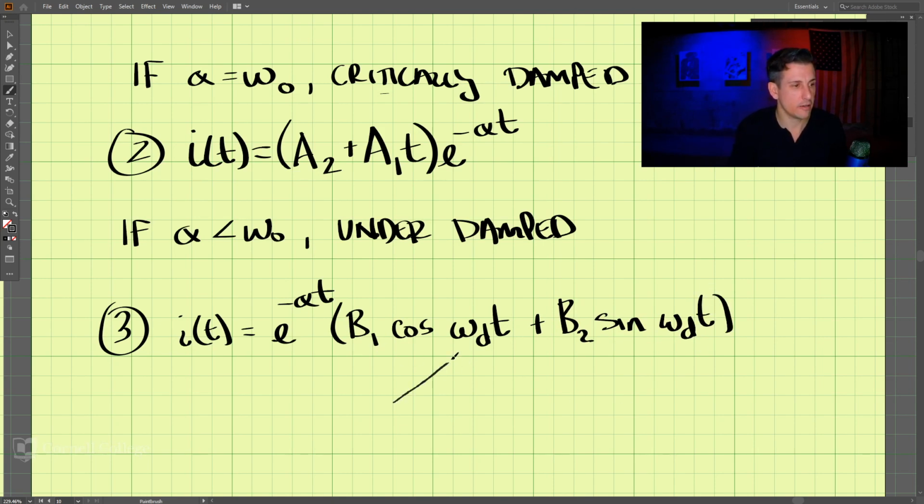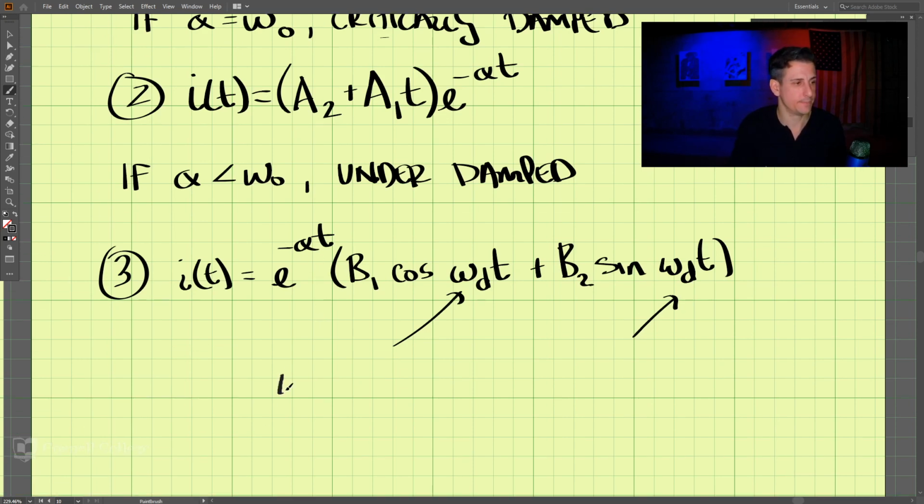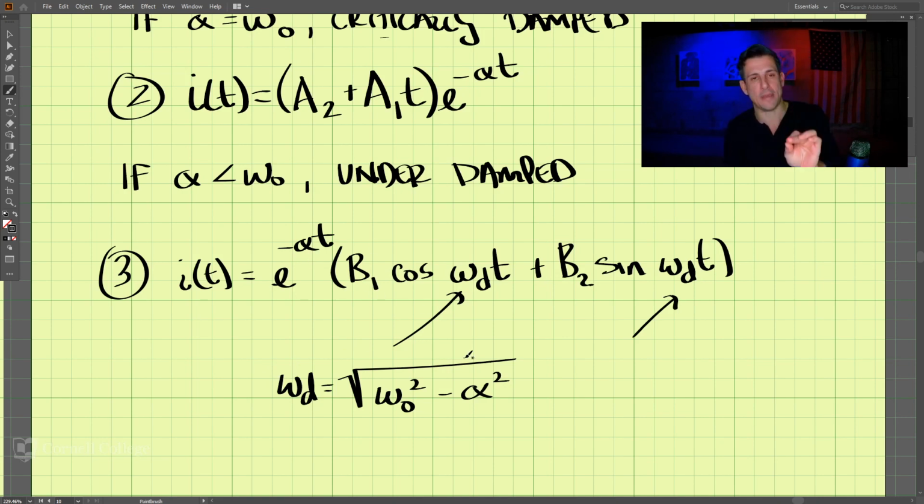And here we have an equation for omega d, the damped frequency, the d means damped. It is the square root of omega naught squared minus alpha squared. So we plug this into here and here, and we already have alpha, and we would solve for B1 and B2 through the initial conditions of the problem.